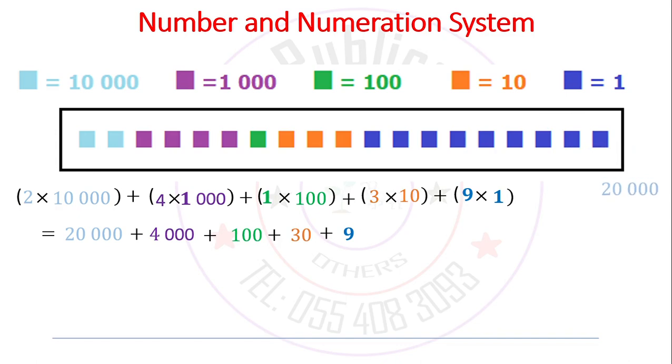So we have 20,000, the 4,000, the 100, the 30, and the 9.